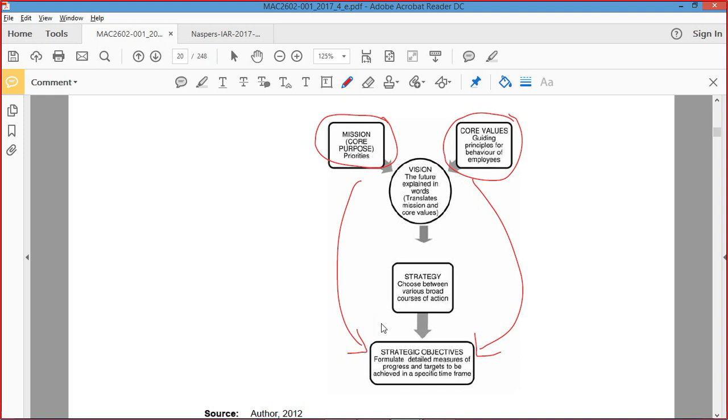So I think the mission and the core values will certainly affect the strategic objectives. Okay, that's good.